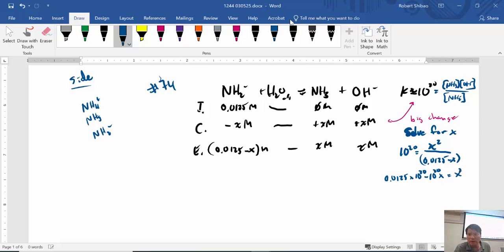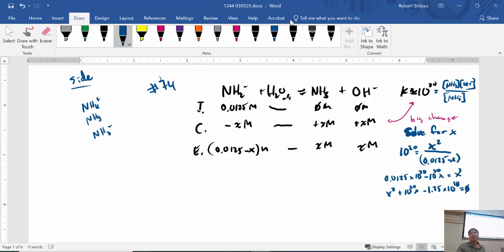Then I rearrange this into quadratic form: x squared plus 10 to the 20th x minus 1.25 times 10 to the 18th equal to 0. I changed the coefficient to 1.25, so I have to make the exponent 2 smaller.